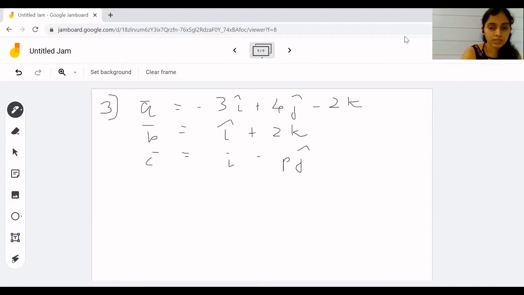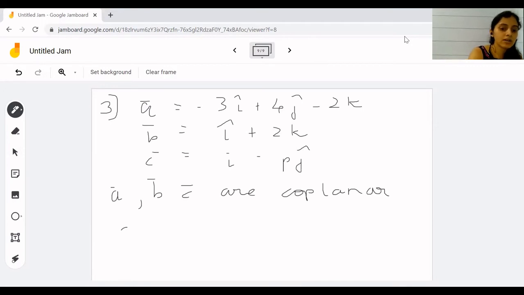Now here they have said that these vectors are coplanar, then find the value of P. So I have to basically find this coefficient. If A bar, B bar, C bar are coplanar, lying in the same plane, then their scalar triple product is equal to 0.